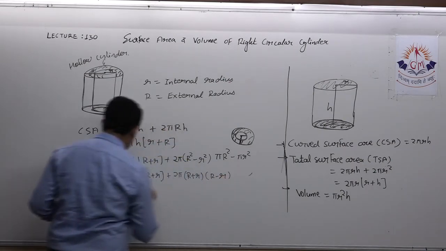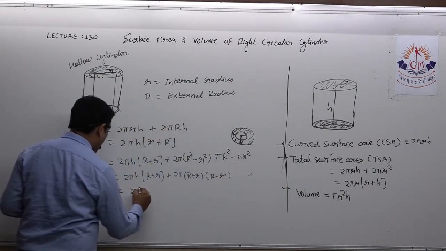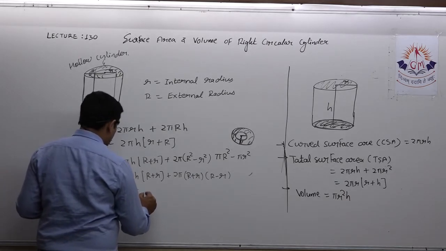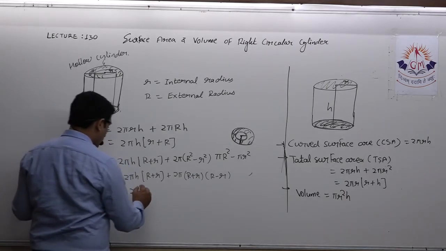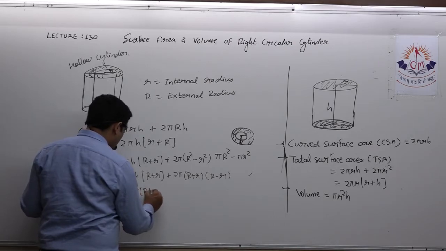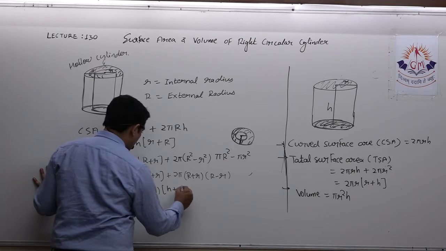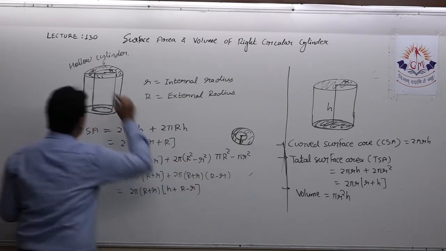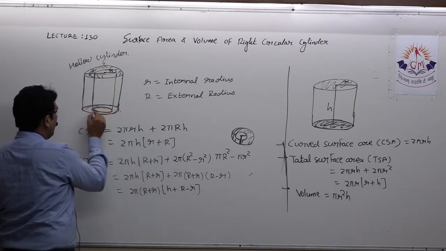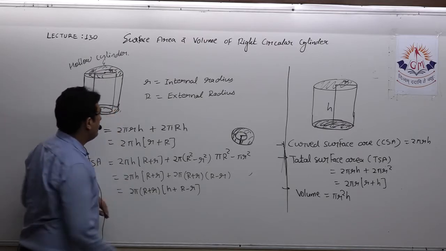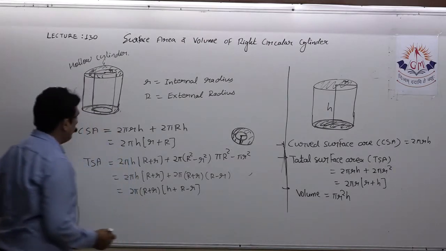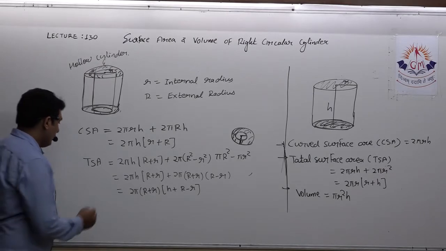And ultimately, we can take 2 pi (R plus r) common. So h plus R minus r. This capital R minus small r is again what I can say is the width of the hollow cylinder. So that is the total surface area.